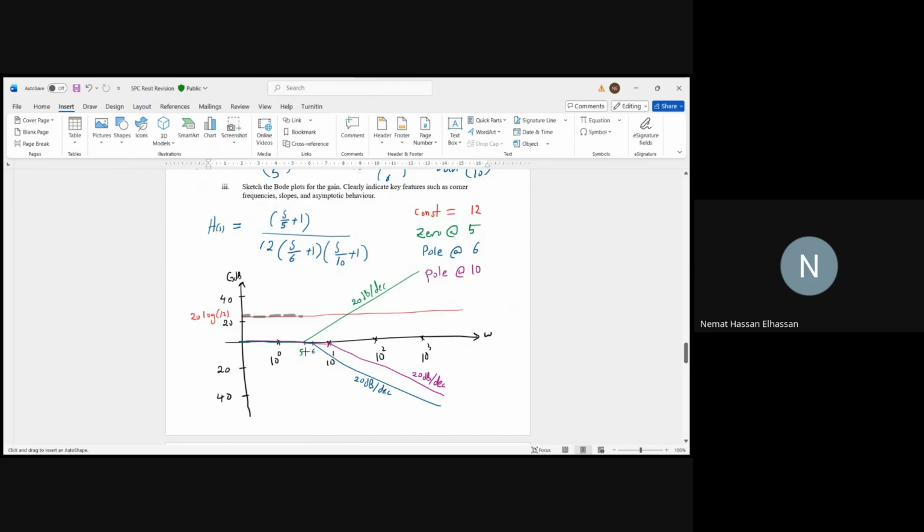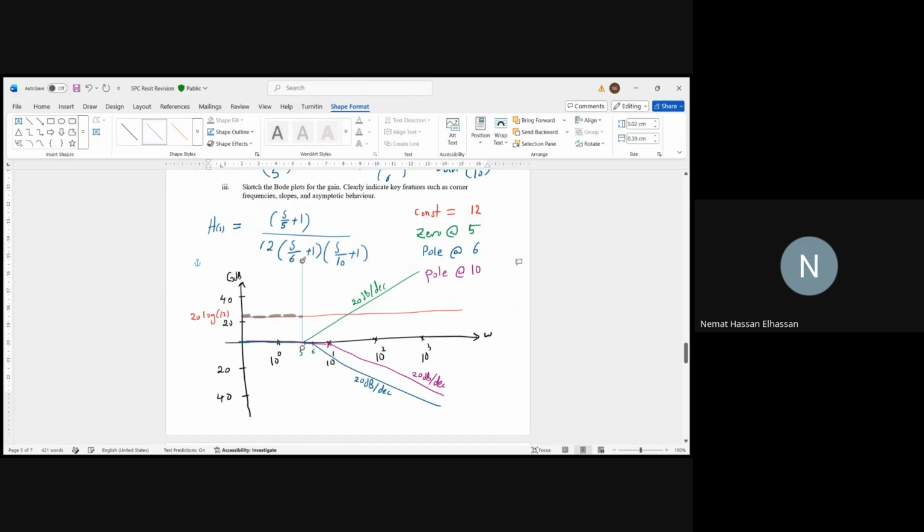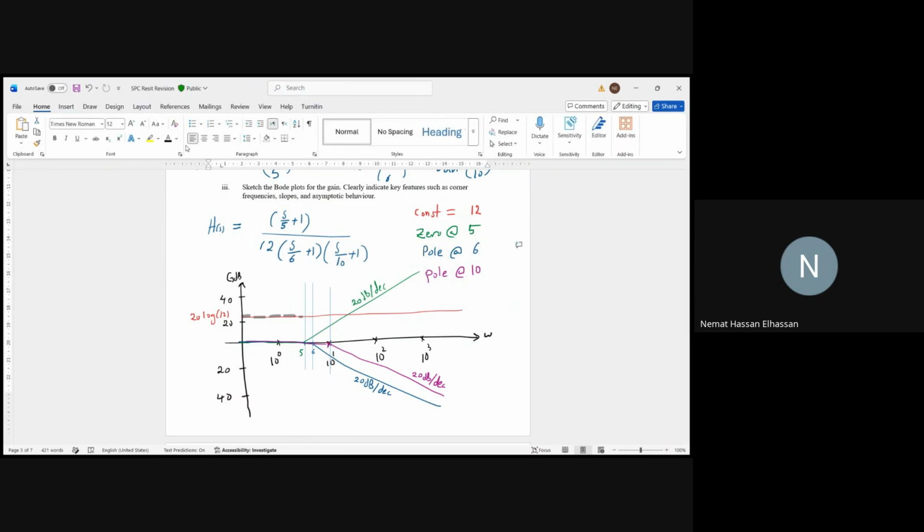Here we have 3 points of change per se at 5, and then at 6, and then at 10. We'll just keep these lines as a reference.